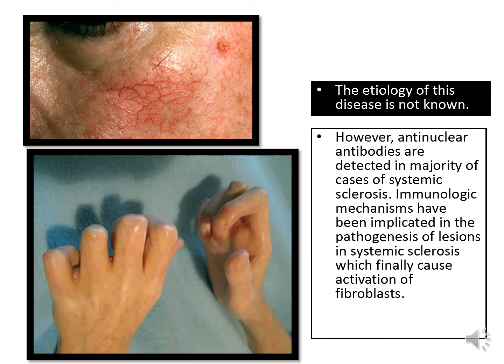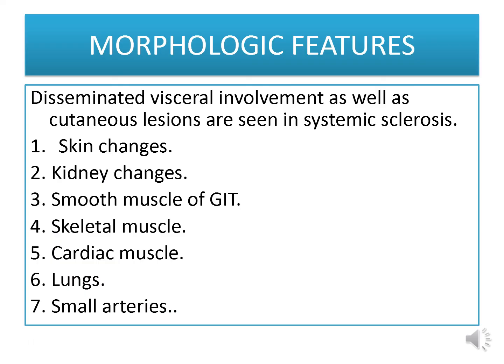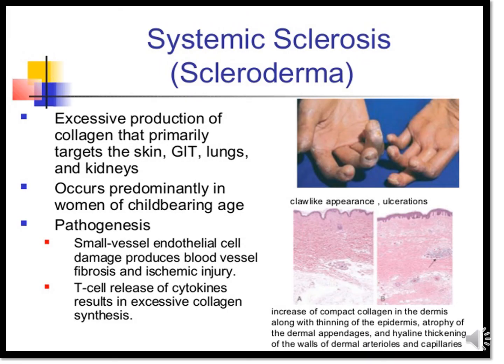The etiology of the pathology is not known, but we know that immunologic mechanisms have been implicated in the pathogenesis of such lesions. We see systemic sclerosis, which finally causes activation of fibroblasts. We see skin changes, and kidney pathology; smooth muscles, skeletal muscles, cardiac muscle, lung, and small arteries are involved.